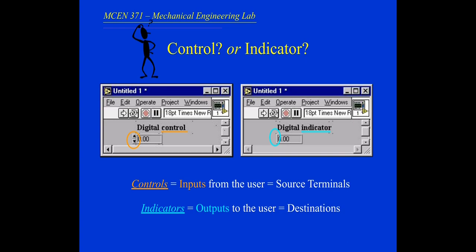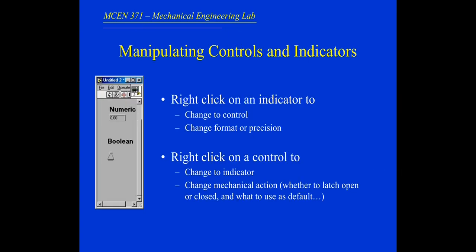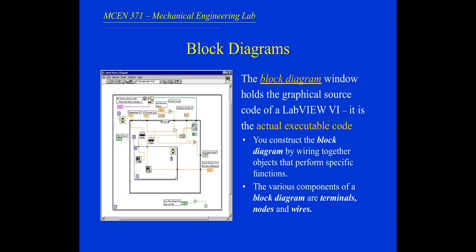In the panel, you also get controls, and you see indicators for what the output is. By manipulating controls and indicators, you work with this program, and then you have the block diagrams which do the calculations on your signal.